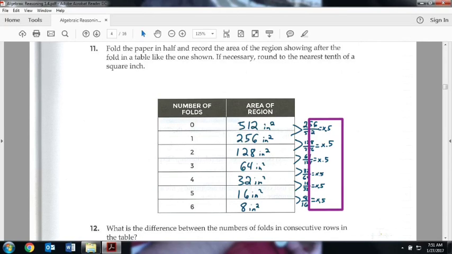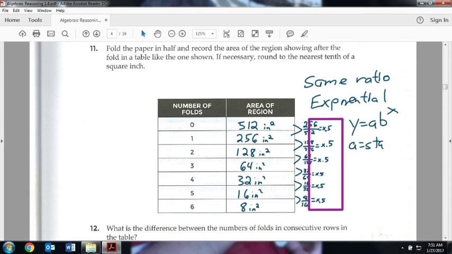If we have the same ratio, basically multiplying by the same thing, we know it's exponential. So here we go. Exponential, y equals a b to the x. A is your start, so in this case it's 512.